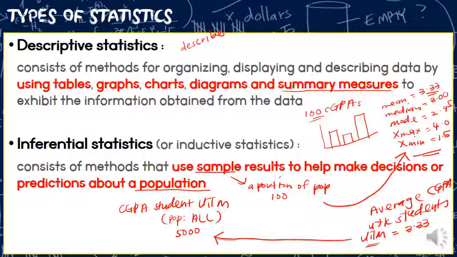Even though saya tak interview semua 5,000 orang, saya hanya interview 100 orang sahaja, tapi saya buat conclusion based on 100 orang tadi. Ini dinamakan inferential statistics. You make conclusion about the population based on your sample result.